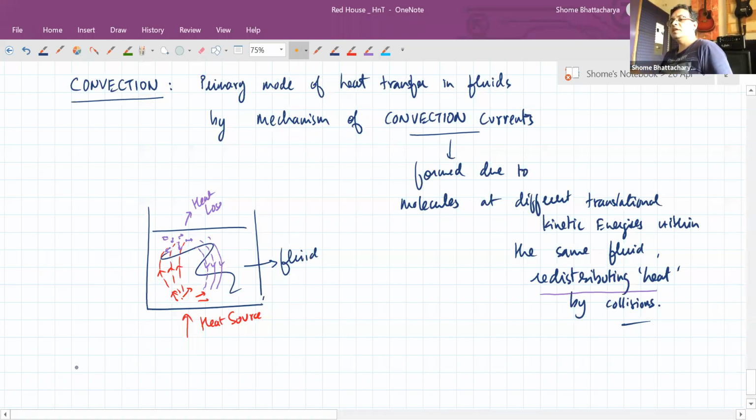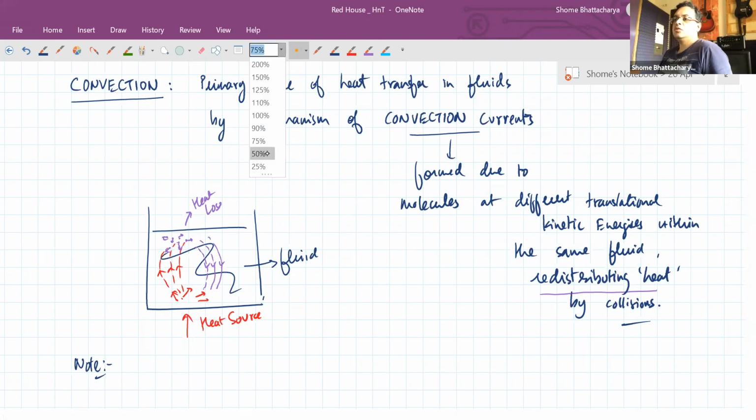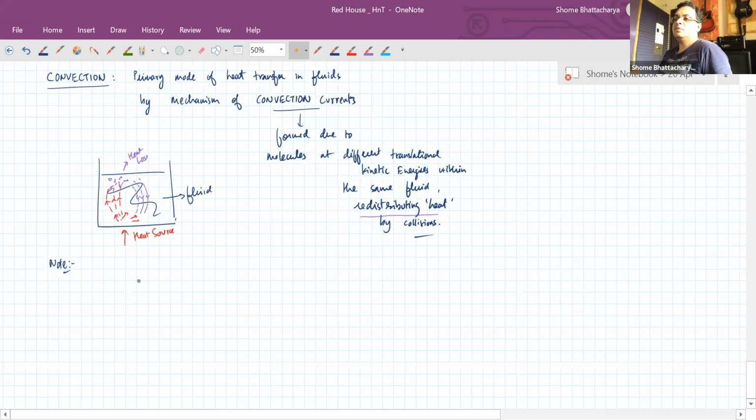But the whole point here is that the convection currents are highly unpredictable. And they are not so simple to quantify by equations.